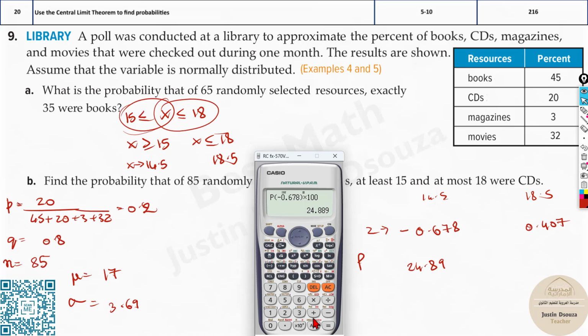What's the next one? It's positive 0.407, and the answer is 65.8%. Now all you do is subtract 24.89 from 65.8, and the answer must be 40.91. I think they rounded off to the nearest tenth, so it's 40.9%. This must be the answer.